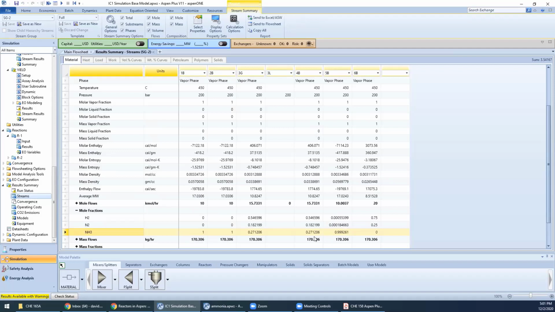But how practical are these results? Does anybody know what a single pass through an ammonia reactor would be in industry? Very low. How low is very low?